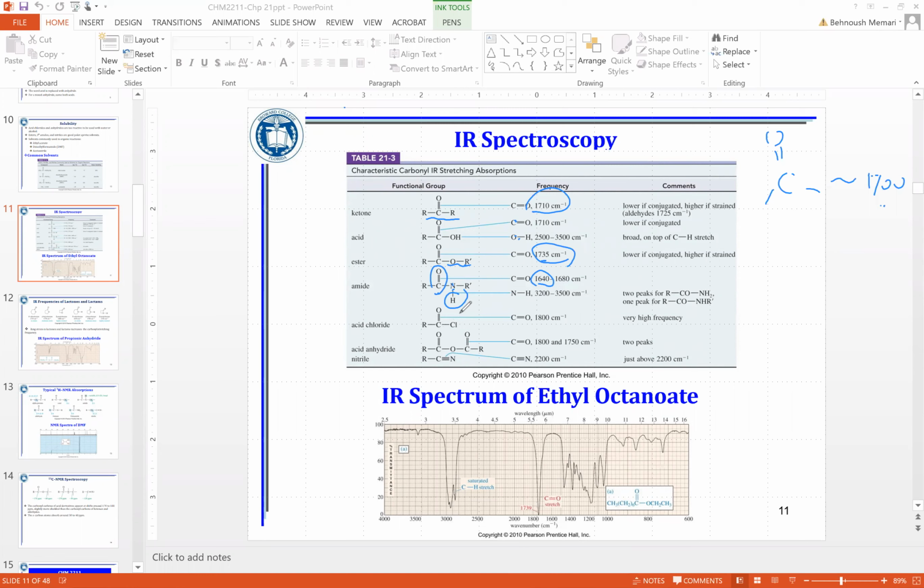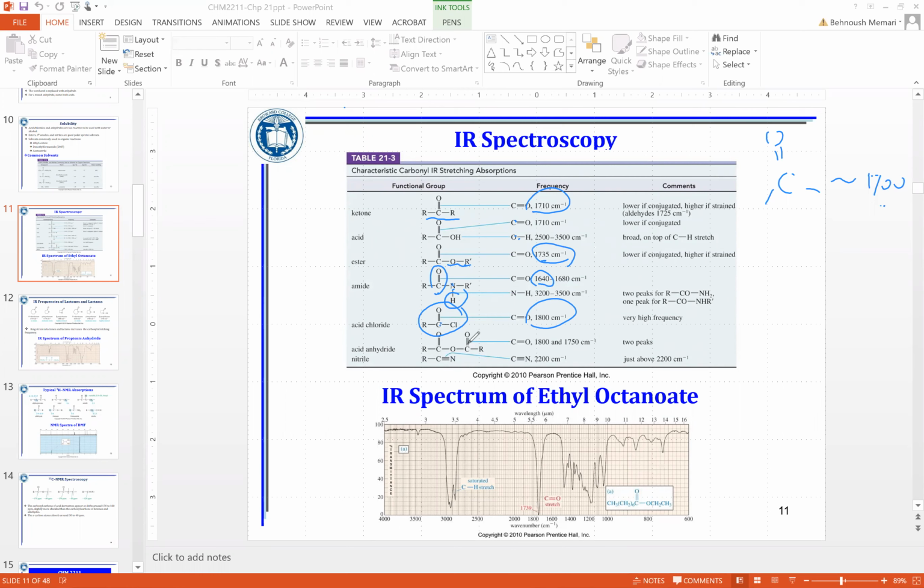The CO double bond for acid chloride or acid halide, because of the high electronegativity of the chloride, is going to increase to 1780 to 1800. For acid anhydride, it is also going to be high because an electron withdrawing group is attached to it.